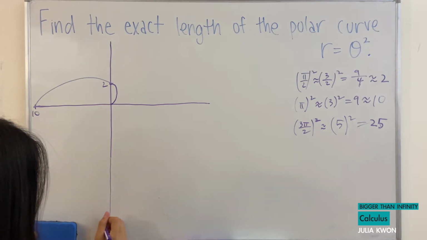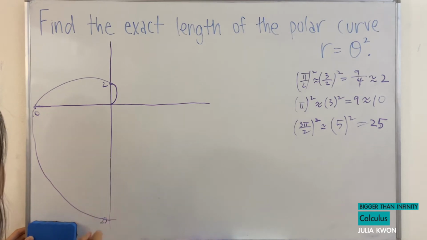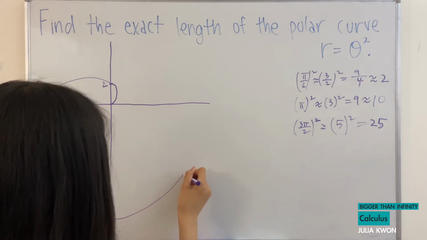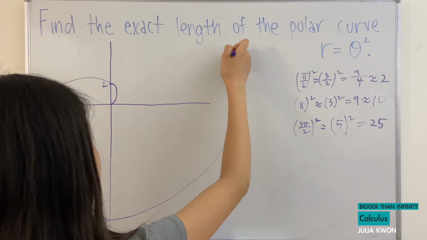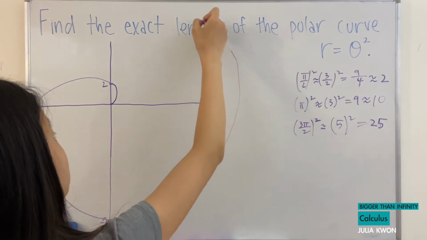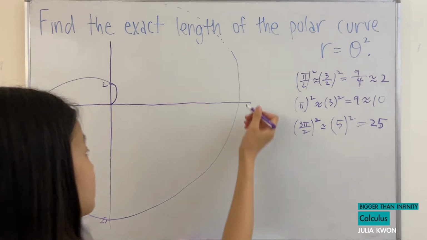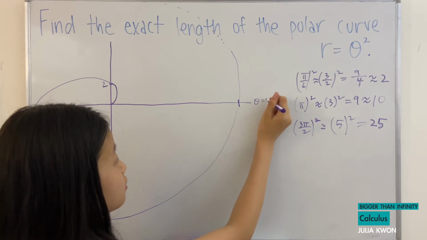Let's just say that 25 is over here. And as you can see, as theta gets larger, the radius will also get larger. So if we actually draw this whole thing, it'll look something like this. And then it goes on forever. And this is when theta is equal to 2 pi.